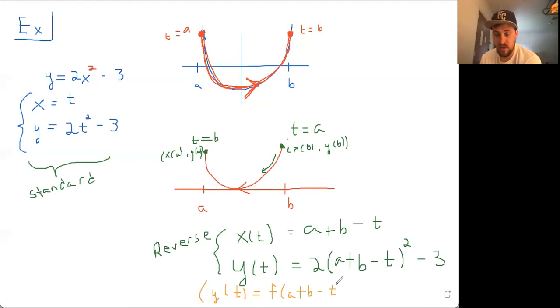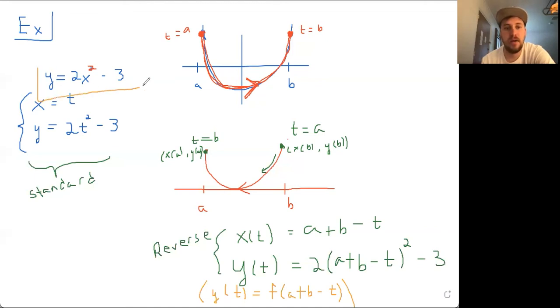And so this gives us another type of parameterization for the same curve. And in fact, you can define multiple, maybe even an infinite number of parameterizations of one given curve. You just have to check restrictions on the domain of your function.